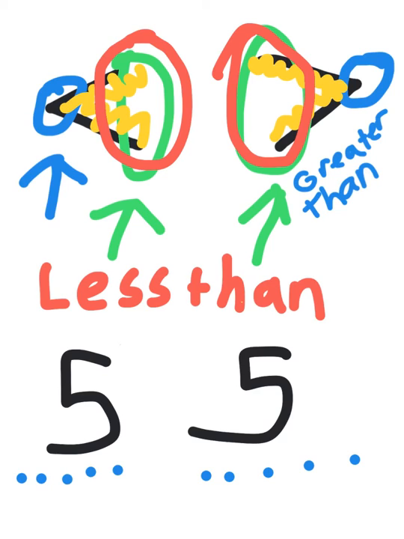We can see that right here, this is the same amount. So one number is not greater than the other number. One number is not less than the other number. In this particular case, we would just put an equal sign because they're equal. 5 equals 5.